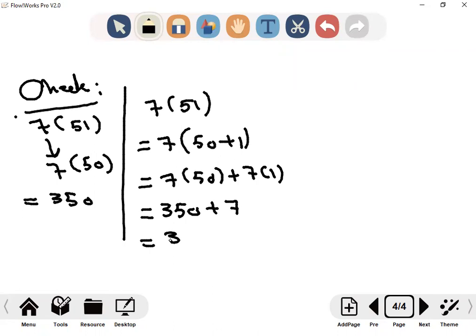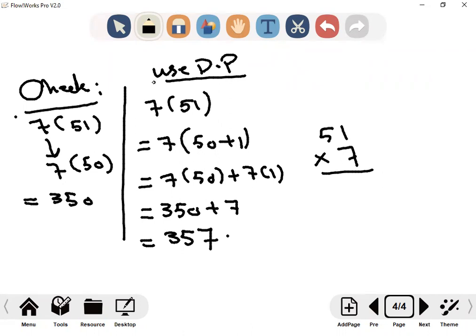The answer is 357. Done. This is how to deal with a numerical expression. Again, you can multiply 7 by 51 in normal multiplication, but here they want us to use the distributive property. The idea only, to understand the idea.